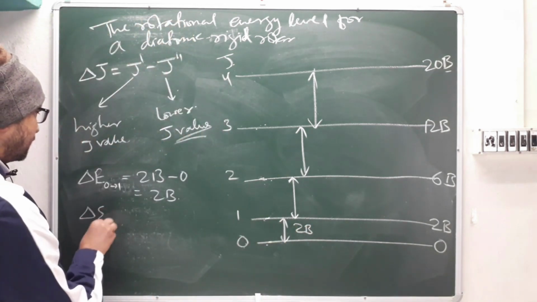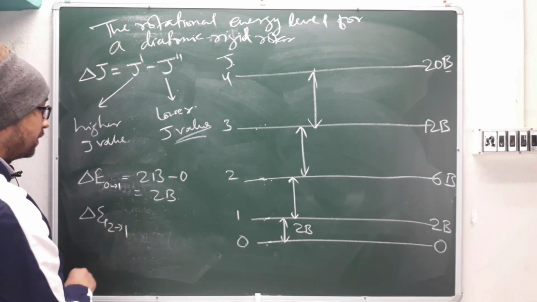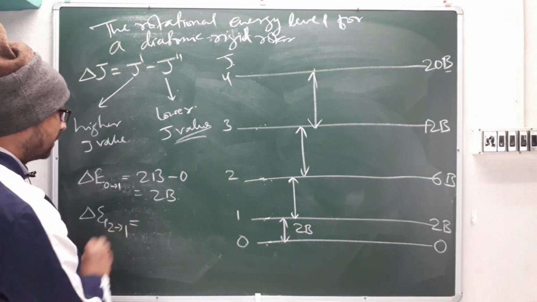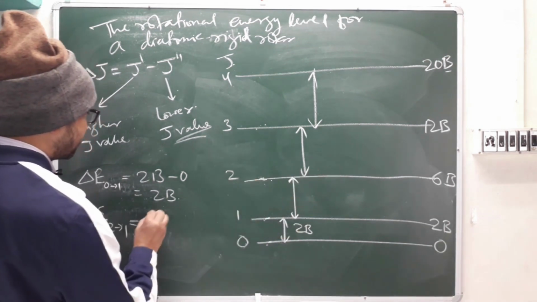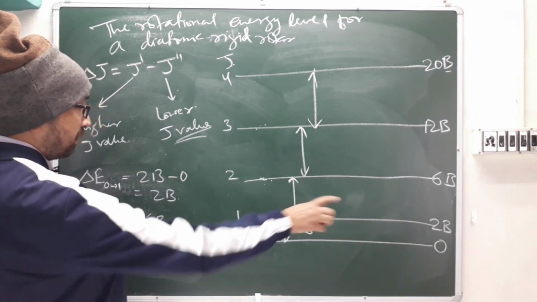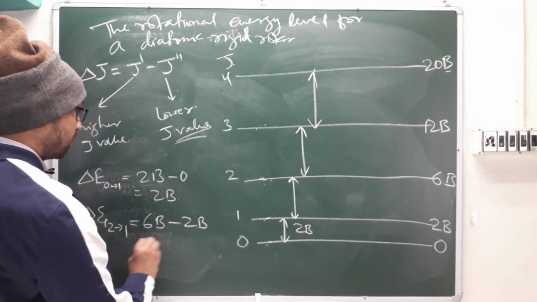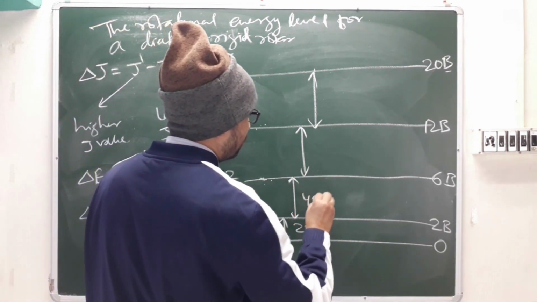Likewise, delta E, okay, what is that? 1 to 2 if it is going, how much it will come? Your J prime value is 6B minus J double prime value is 2B. So how much it is coming? 4B. Okay, just write it down here, 4B.